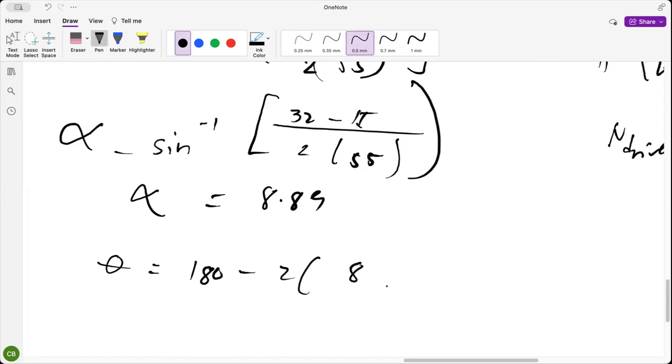So that would be your arc of contact, 162.4 degrees.